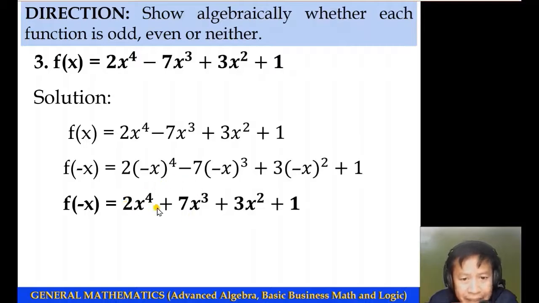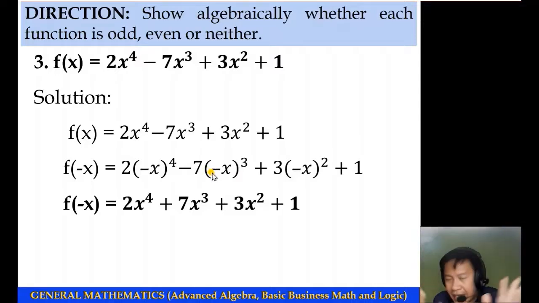But our problem is here, because from negative, it became positive. It means this function is not the same as this. So we can conclude that this is not even, because we have a difference here in the second term. Why? Because negative x raised to 3 is negative x cubed, and that is negative 1, of course.